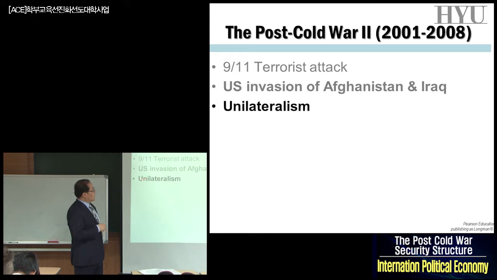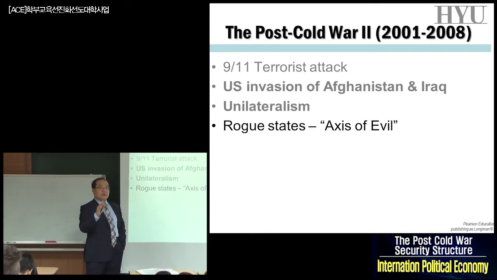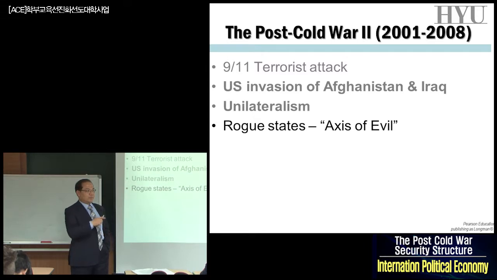Then America becomes unilateral. The Bush administration views the balance of power as more or less unilateral. And enemies are becoming clearer at the moment. Not just terrorists anymore. The enemies are rogue states, according to the Bush administration.